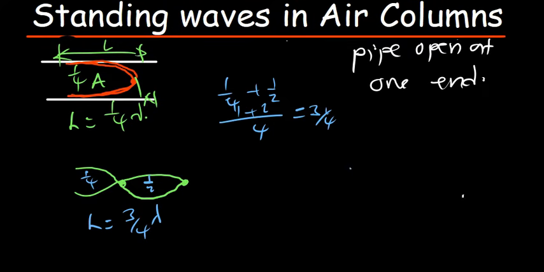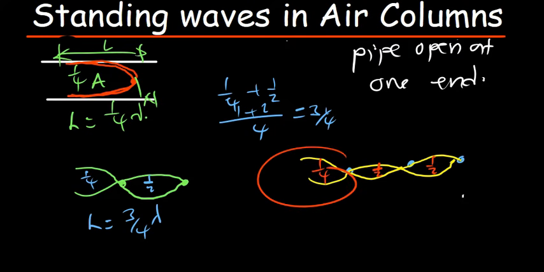What if we have a different one? 1, 2, 3. So I'll have this. So this is 1/4, this is 1/2, this is 1/2. As long as it is open at one end, it's 1/4. And then it's going to be 1 over 4 plus 1 over 2 plus 1 over 2, like that.